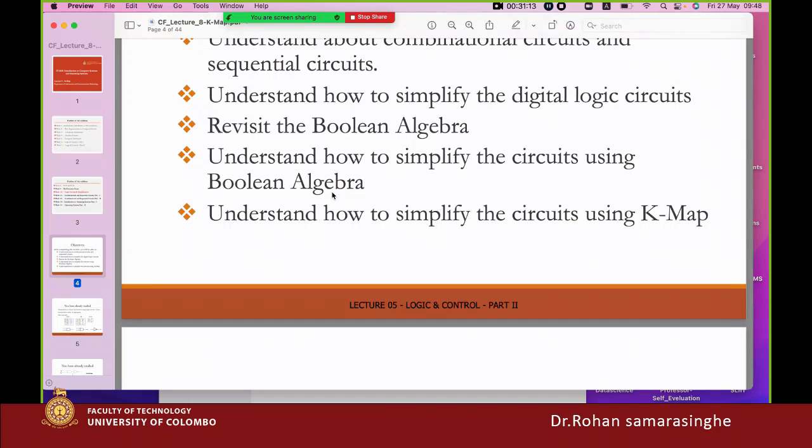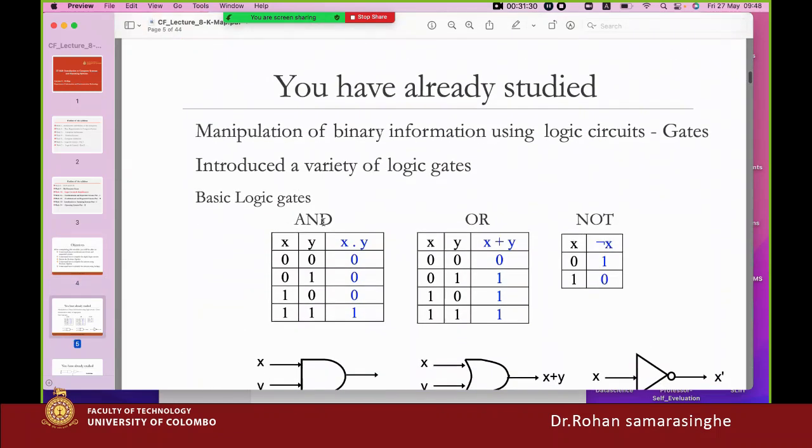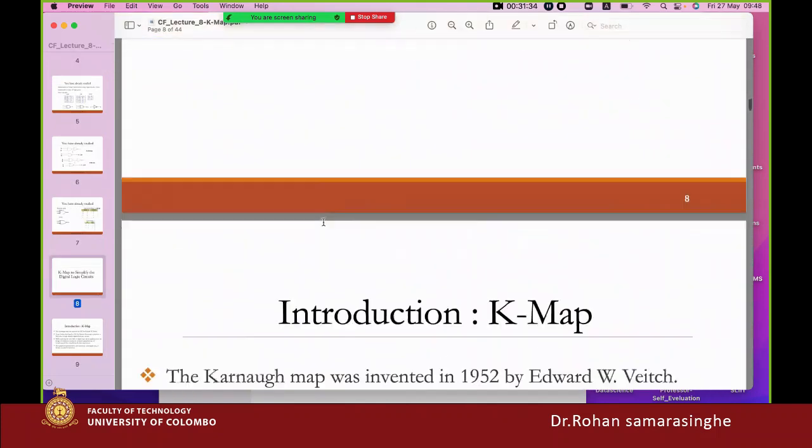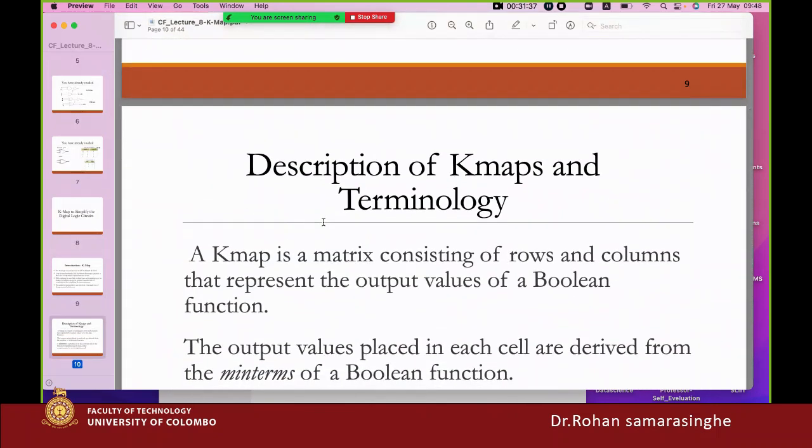It is called a pictorial method that we can use for simplifying the logic circuit. There are altogether 7 rules that we have to follow while simplifying using this K map.